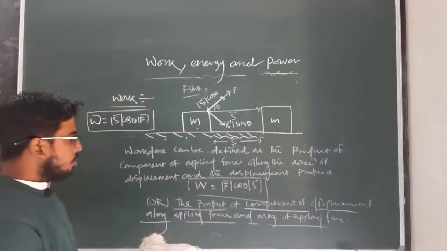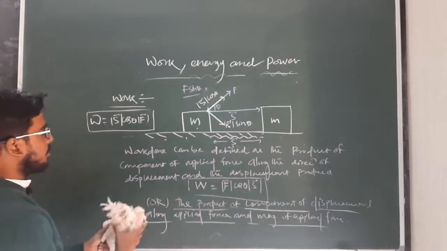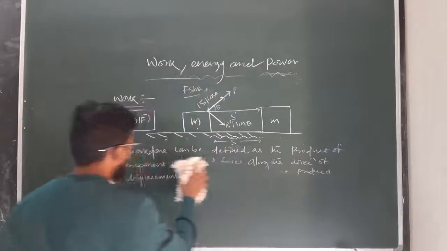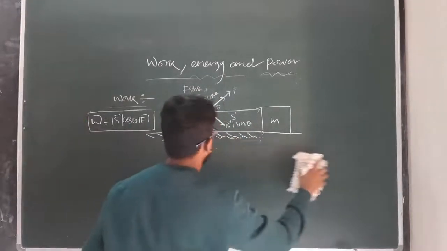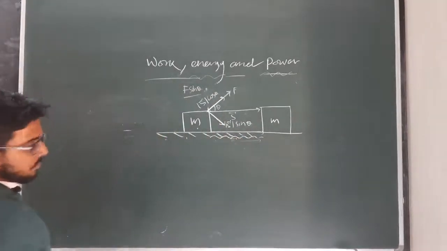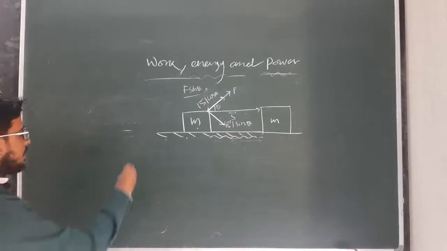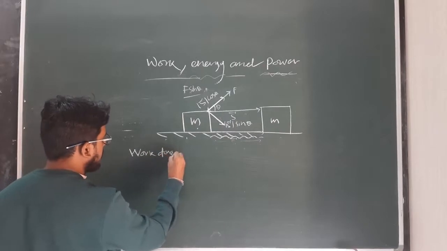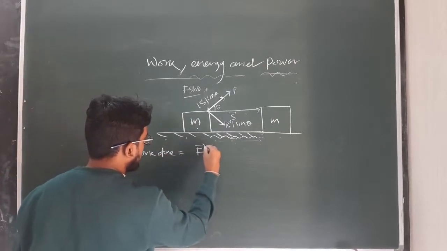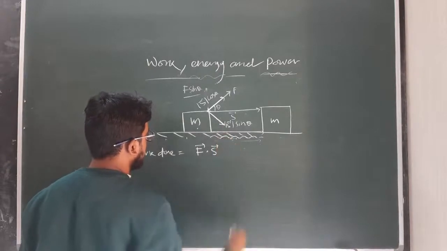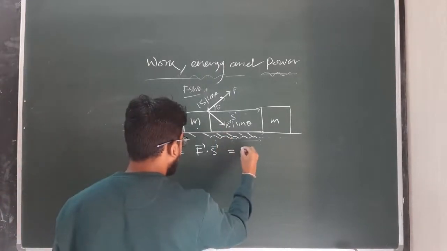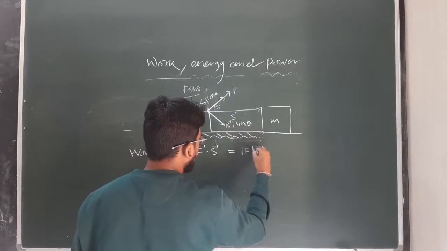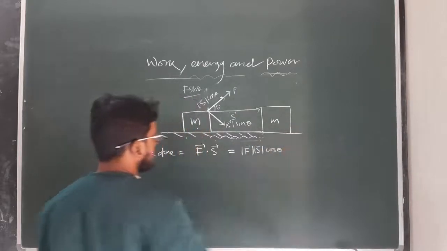Okay, so you have to remember the definitions and the formula. Okay, so here we can define work done can be written as F vector dot S vector, or this can be written as F vector mod S vector mod cos theta.